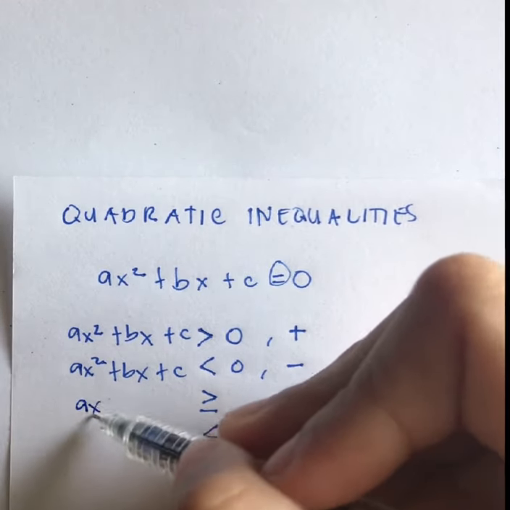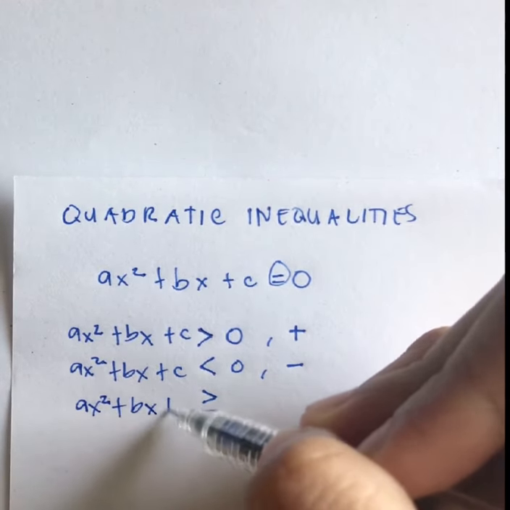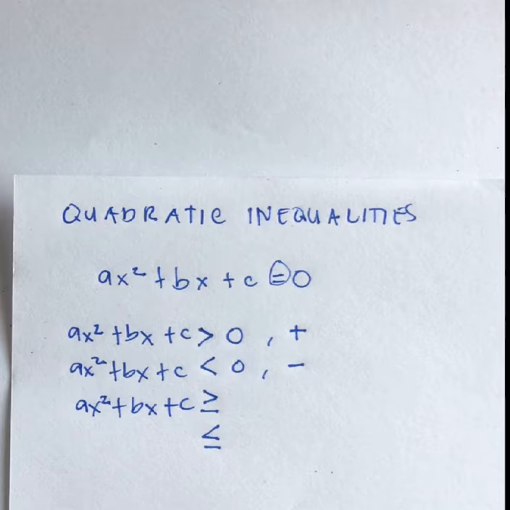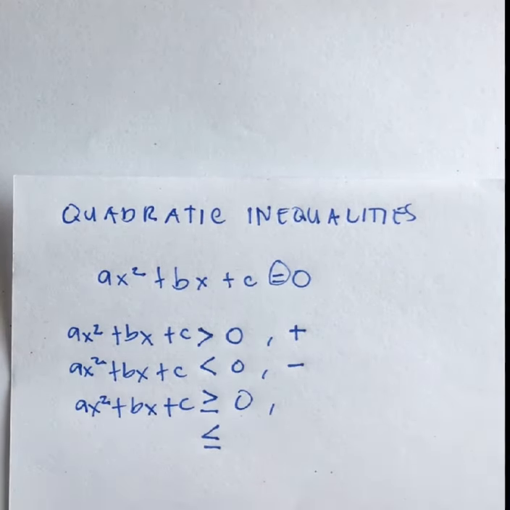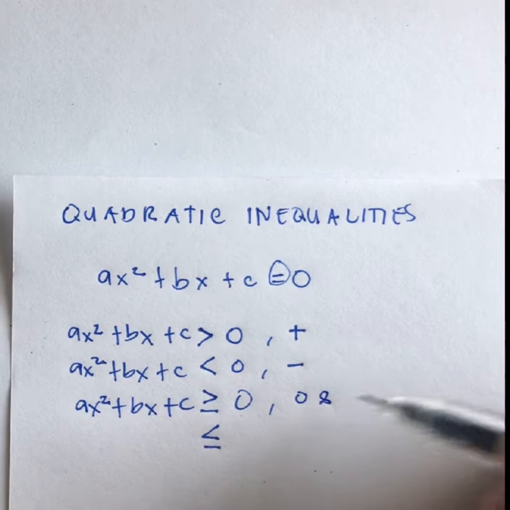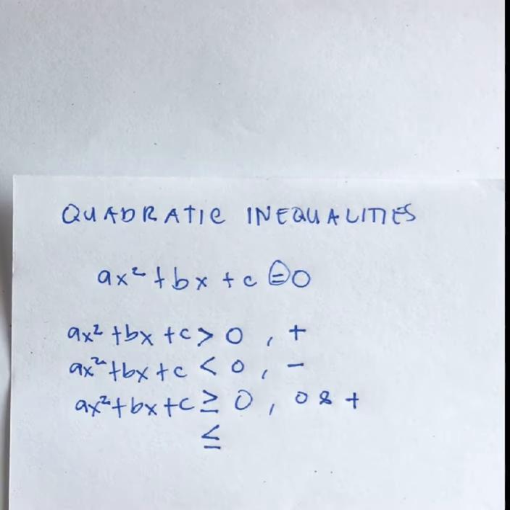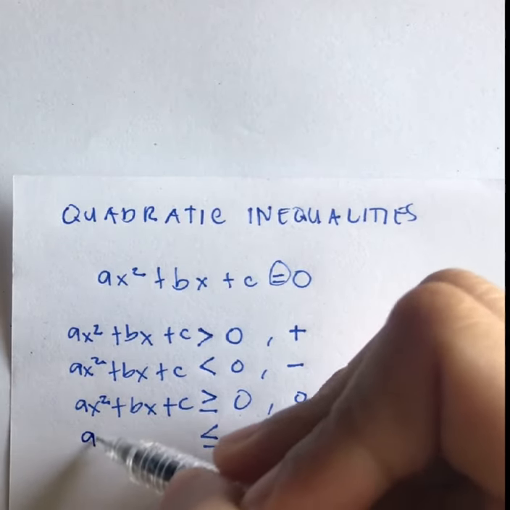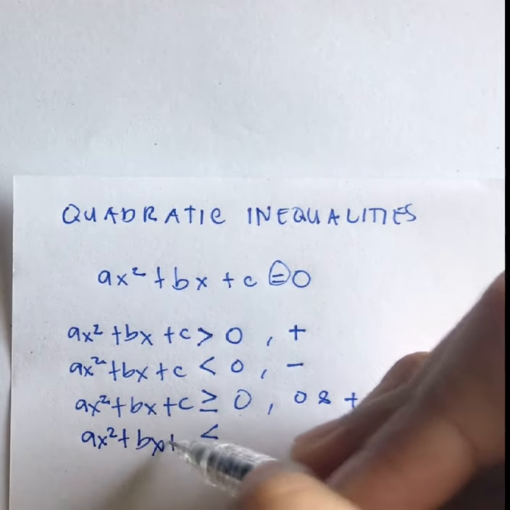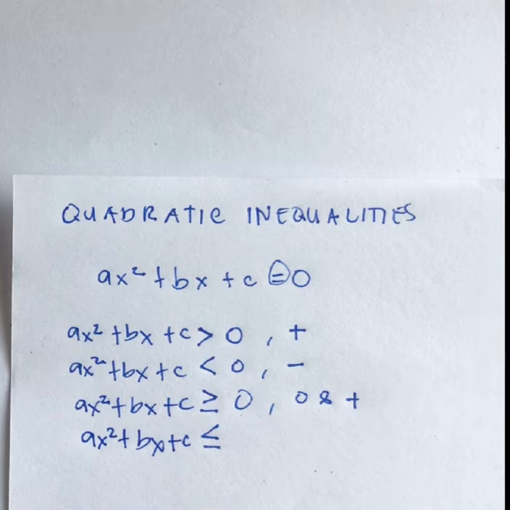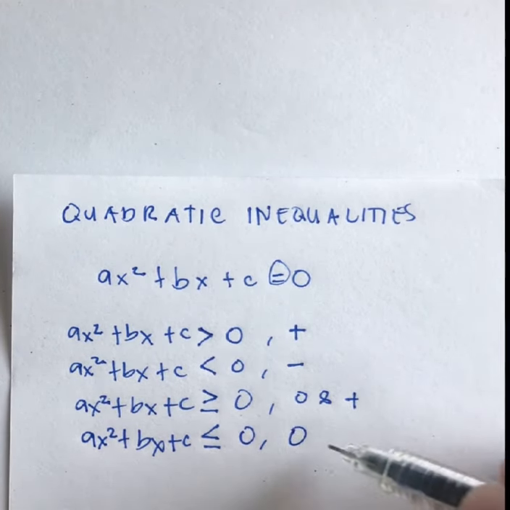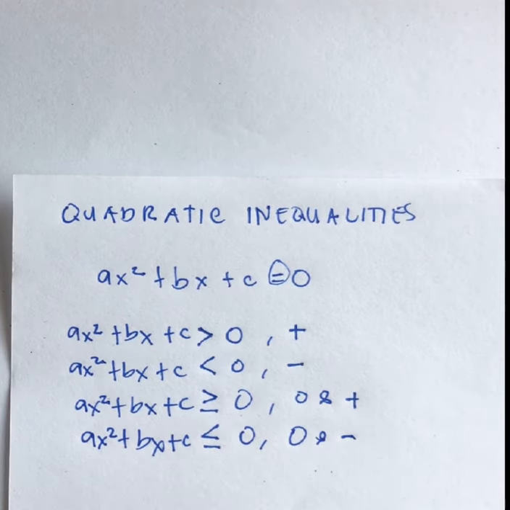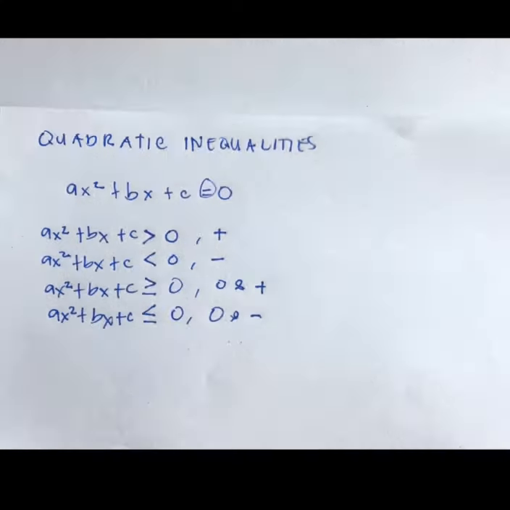If we have ax squared plus bx plus c is greater than or equal to 0, then we have the value 0 and positive integers. And for the last one, if we have ax squared plus bx plus c is less than or equal to 0, then we have the values 0 and negative integers.